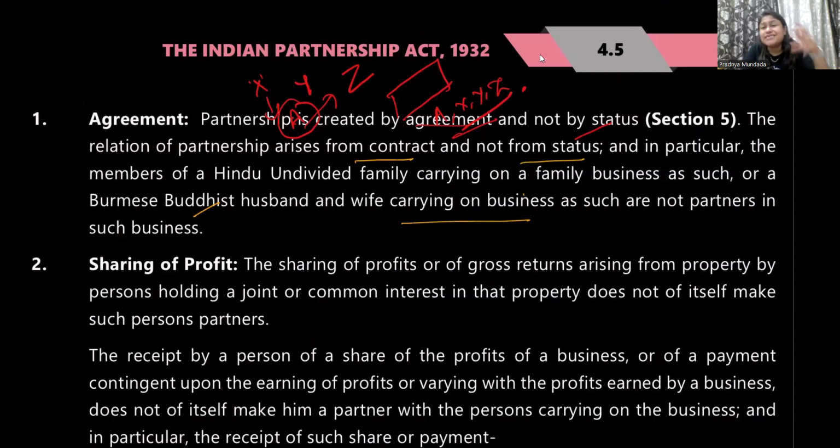So that is happening by status. It is not happening because they have entered into an agreement. Or because you're a member of the HUF, you have a part in the profits. So these 2 are the examples for status. But partnership is only by agreement, contract. It cannot happen otherwise.